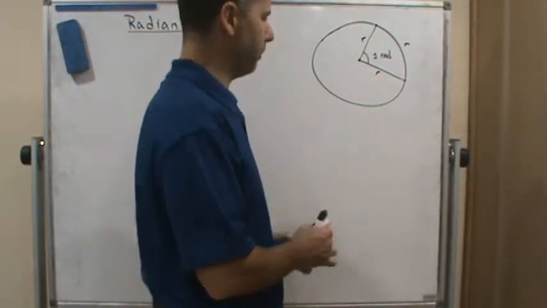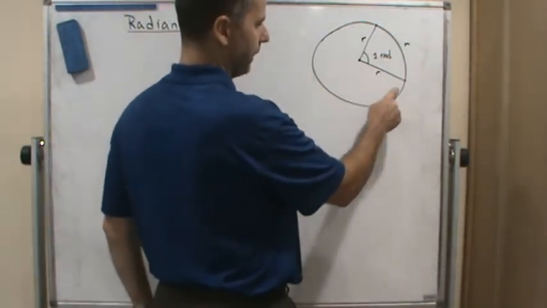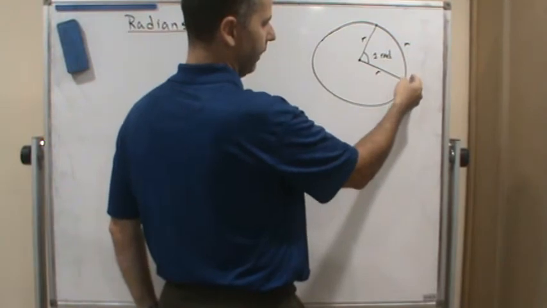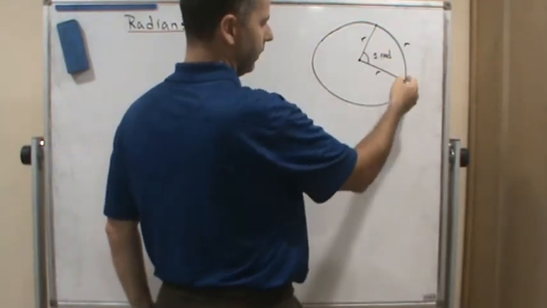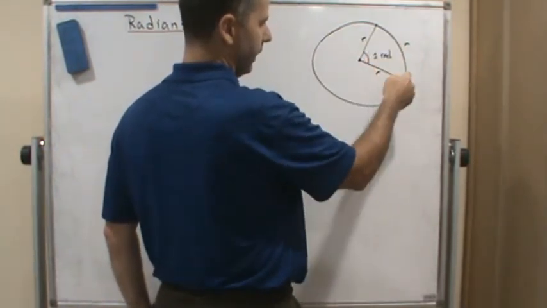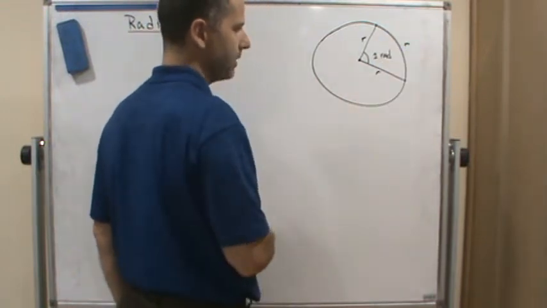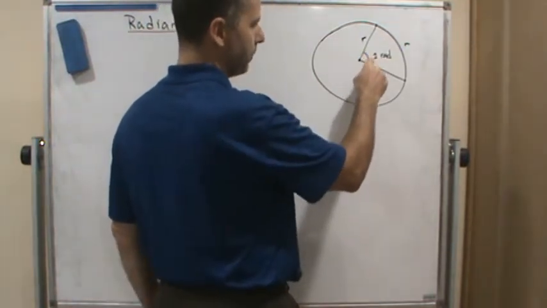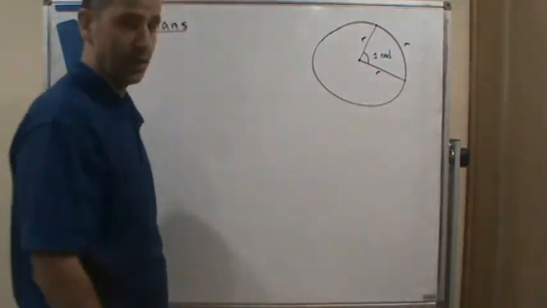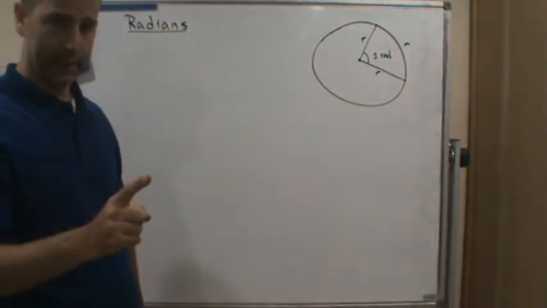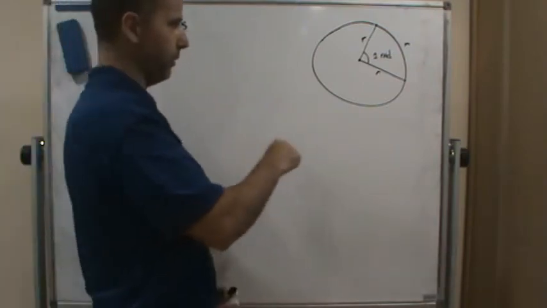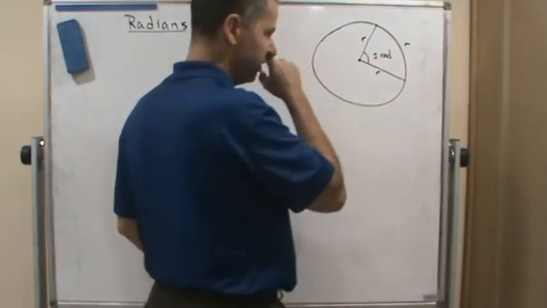So here's an example. We have a circle with radius r, and again we intersect the arc with the central angle, and the measure of this arc is also the same as the radius. Then we would say that the measurement of this central angle is 1 radian. Okay? And we abbreviate that as rad.